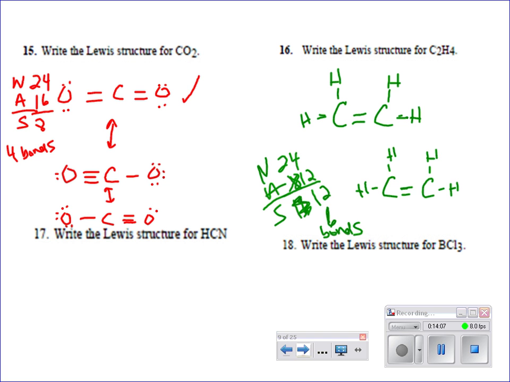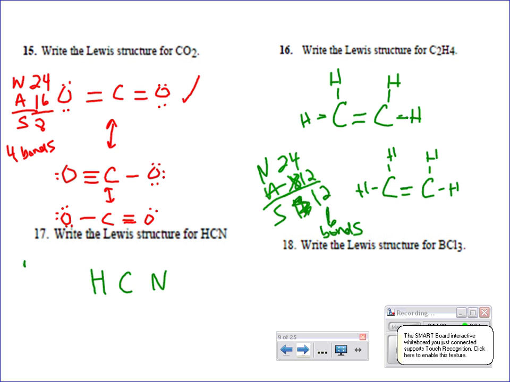Write the Lewis structure for HCN. C's in the middle. I'm just going to leave that by itself. My board is wigging out on me. Hopefully it'll come back. All right, go ahead and write out HCN. Needed, available, and shared. In a perfect world, how many do we need? 18. Okay.